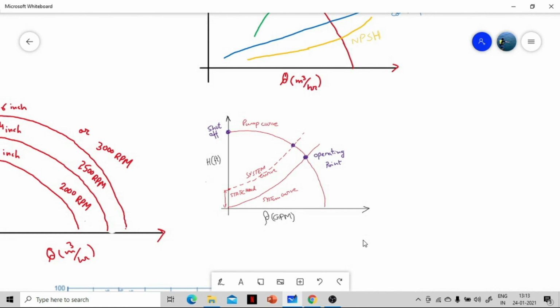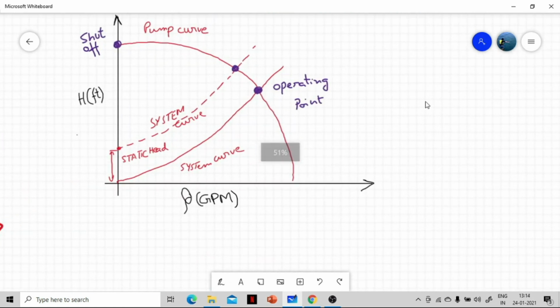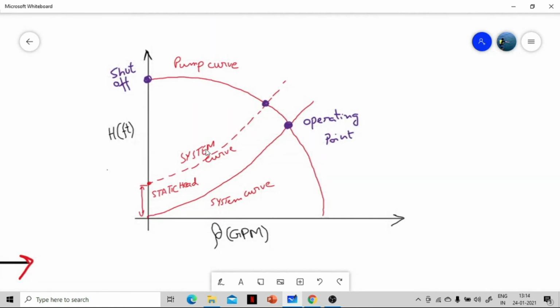Now when you have your system curve, you know your total system head, you can plot a curve on a pump curve diagram. If your system does not have any static head, then your system curve will start from 0.